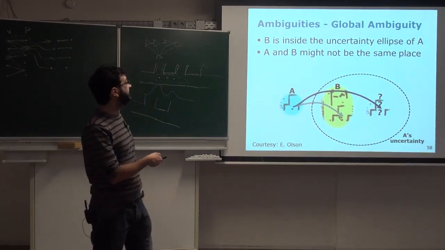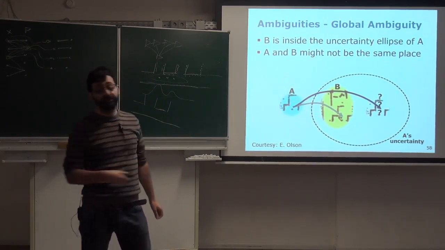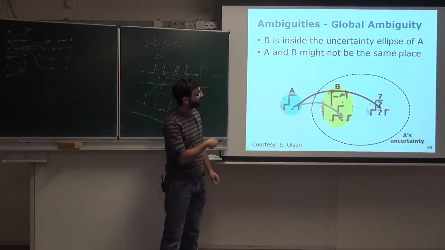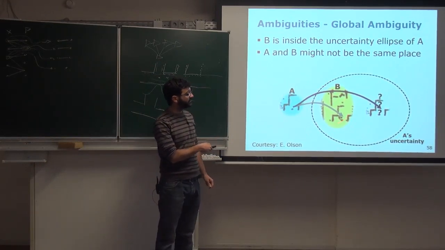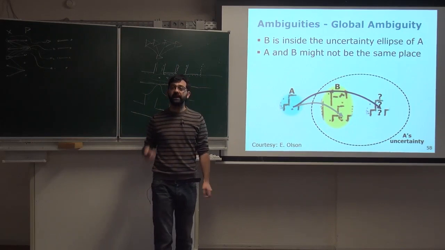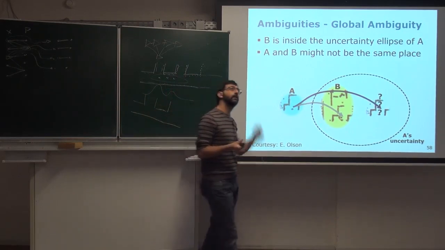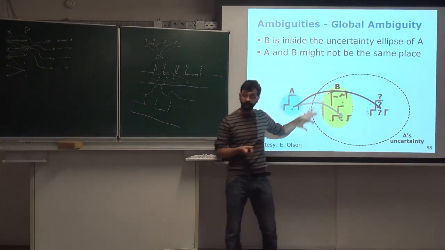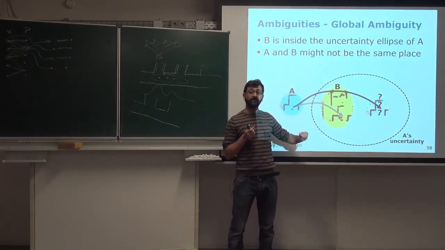So the thing here is that this may also not be the same place. The reason is that I have a lot of uncertainty in A, and I'm just looking at B. So I know with high probability that A is somewhere inside here, but I don't know specifically where.